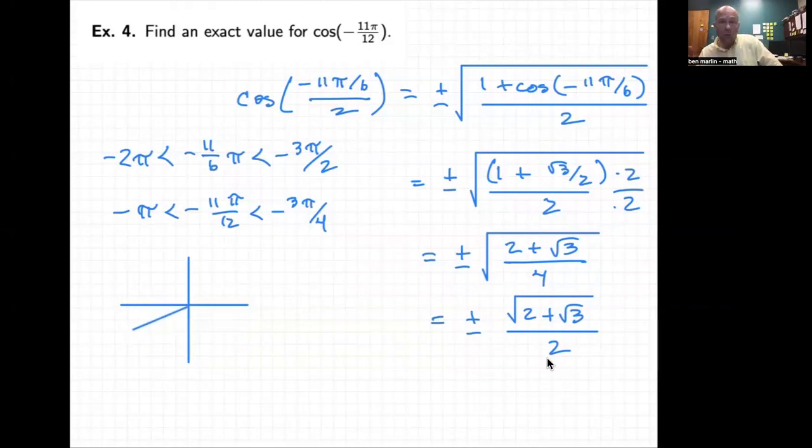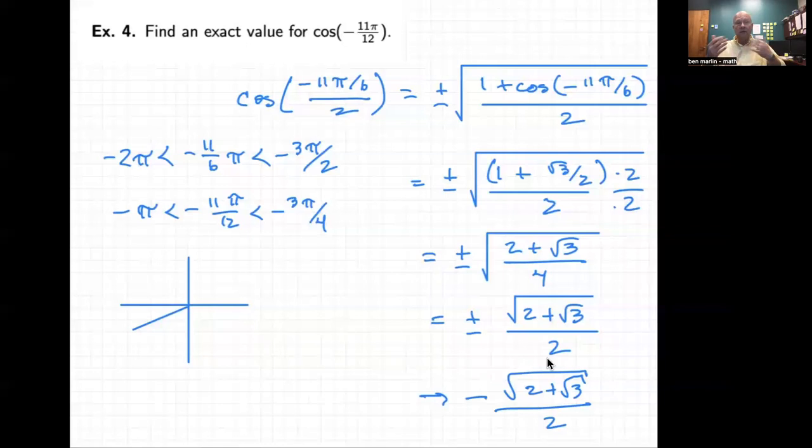So in the third quadrant, both sines and cosines are negative. That means, because what we're dealing with is the negative 11 pi over 12, we have negative radical 2 plus root 3 divided by 2, like that.